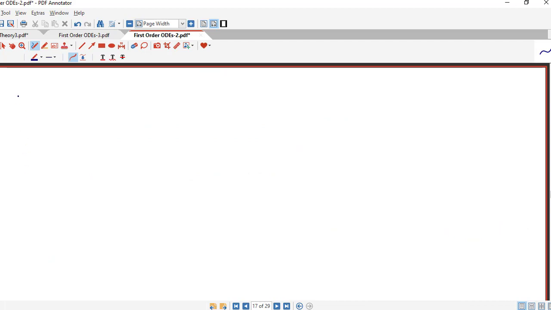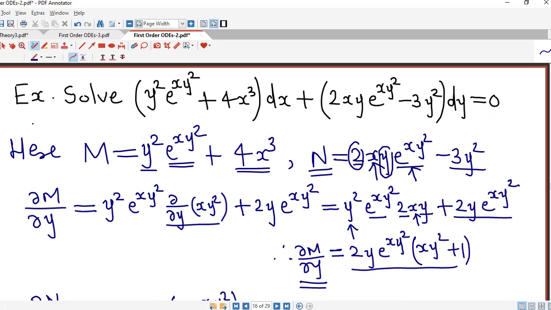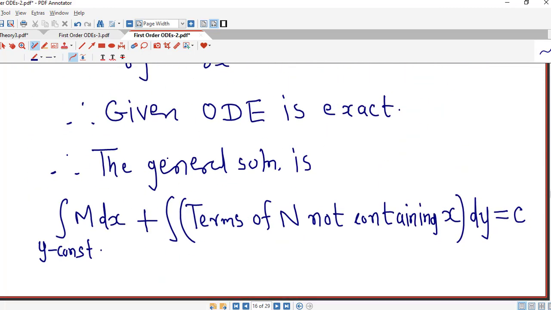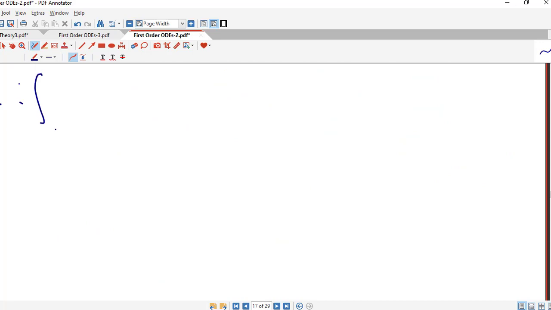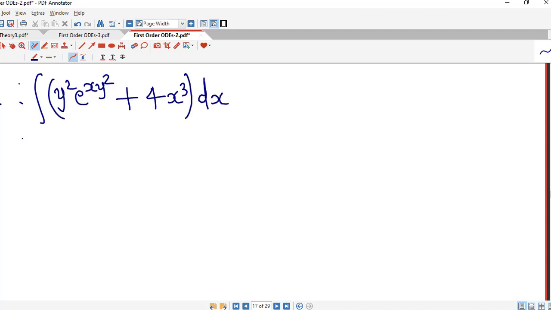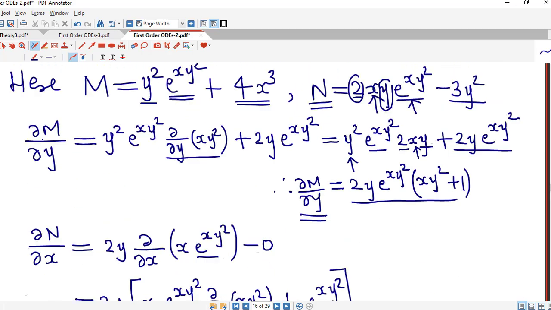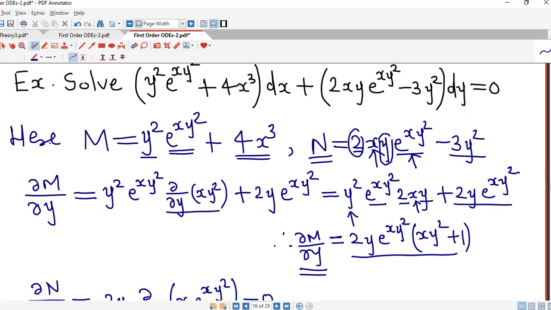So now first we write down capital M, which is y square e raised to xy square plus 4x cube. Capital M is y square e raised to xy square plus 4x cube. The integral is with respect to x considering y as constant. Now we consider those terms of capital N which are free from x.